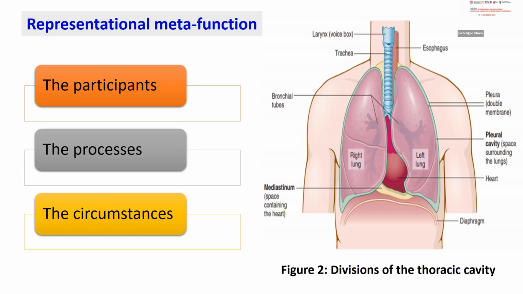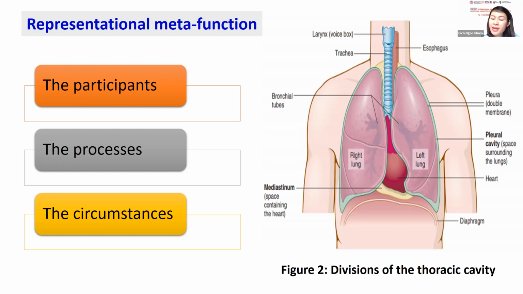In the figure here, you can see from the division of the thoracic cavity, the visual image of the divisions of thoracic cavities uses different colors for the pleural cavities and mediastinum, to represent the real world, the body here and the elements, and distinguish the different parts of the thoracic cavity while creating topical unity and coherence.